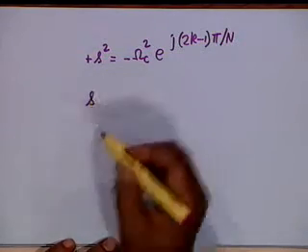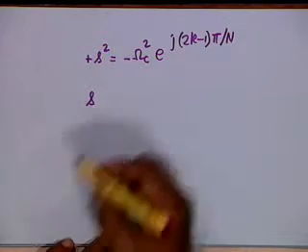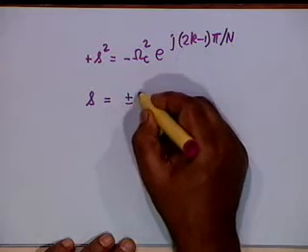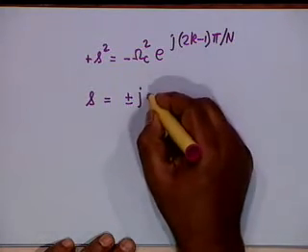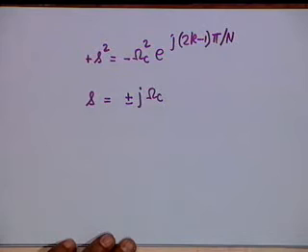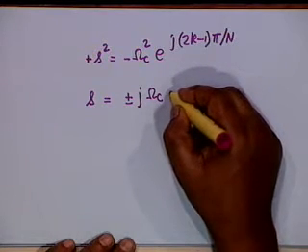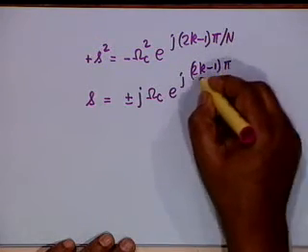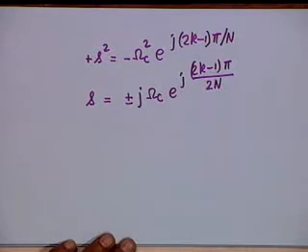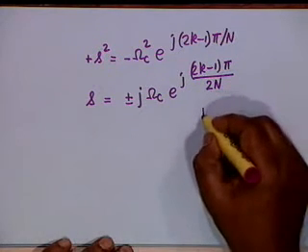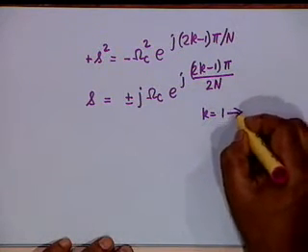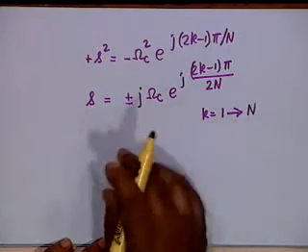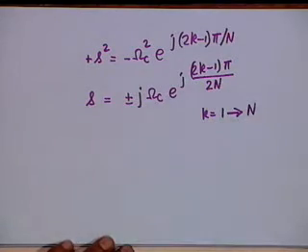And if I take the square root of this, then s would be equal to plus minus j omega c, since the square root of minus 1 is plus minus j, times omega c e to the power j 2k minus 1 pi divided by twice n, where k goes from 1 to n, because plus takes care of n roots, minus takes care of the other n roots.